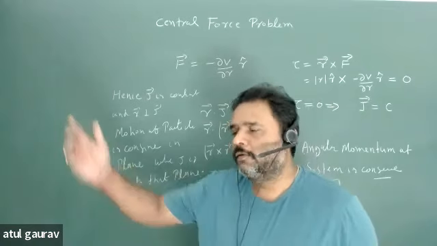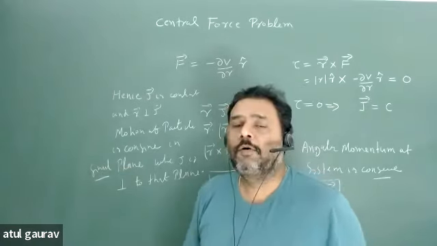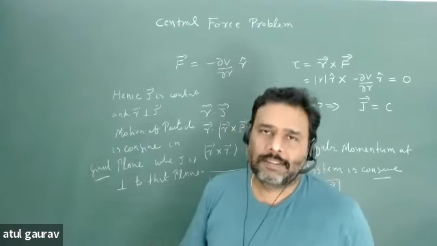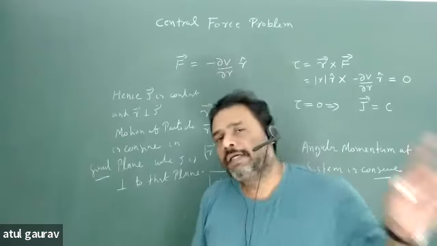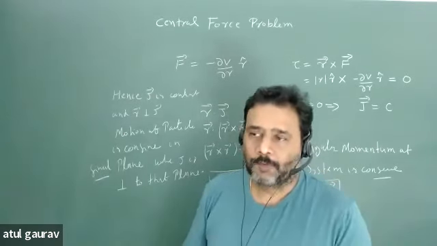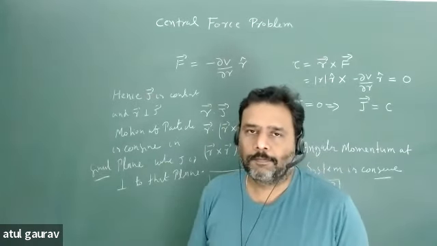There is no need to go into three dimensions, isn't it? And you will be more surprised that we will do all the calculation in one dimension actually, but we will give the conclusion of the two-dimensional plane. So this is the beauty of the formulation of the central force problem.